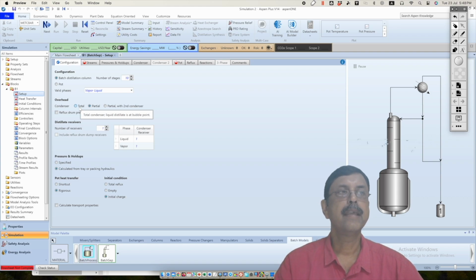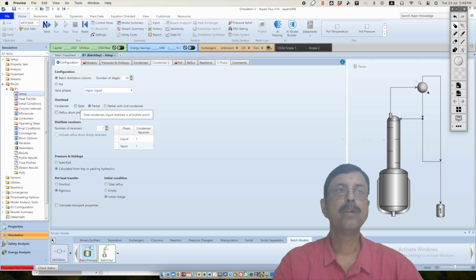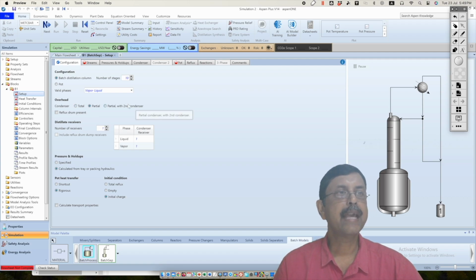Or else it can be partially condensed. Some of the amount will go out as vapor and the remaining will come down to the pot. And there might be an option for partial with second condenser. So whether it is total or partial with second condenser, that you need to provide over here.